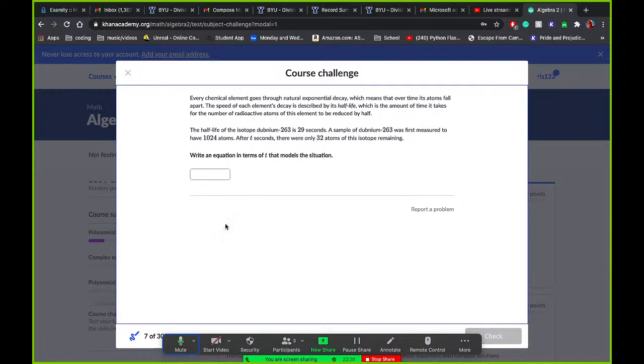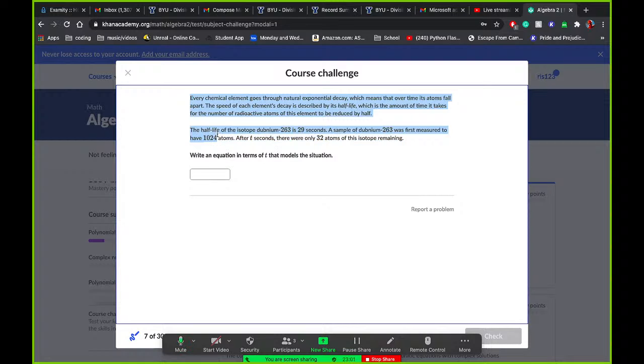Oh, sorry. Okay, so every chemical element goes through natural exponential decay, which means that over time its atoms fall apart. The speed of each element's decay is described by its half-life, which is the amount of time it takes for the number of radioactive atoms of this element to be reduced by half.